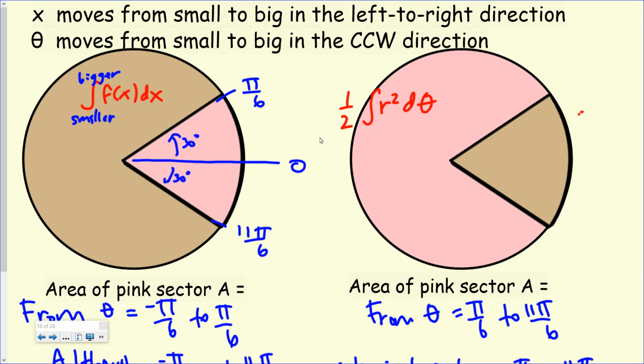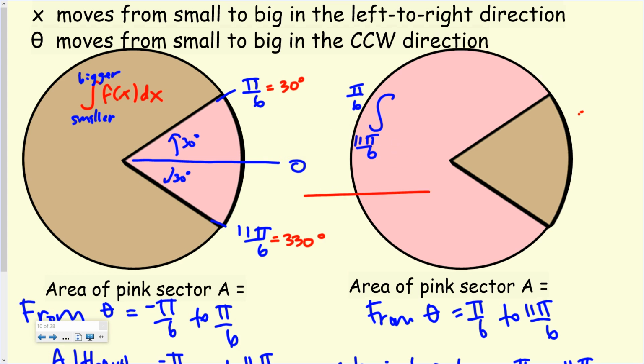If I actually do the integral from 11 pi over 6 to pi over 6, I'm actually not getting what I think I'm getting. Because 11 pi over 6 is really 330 degrees, isn't it? And this is really 30 degrees, right? So what I'm doing is going from 330 degrees to 30 degrees.